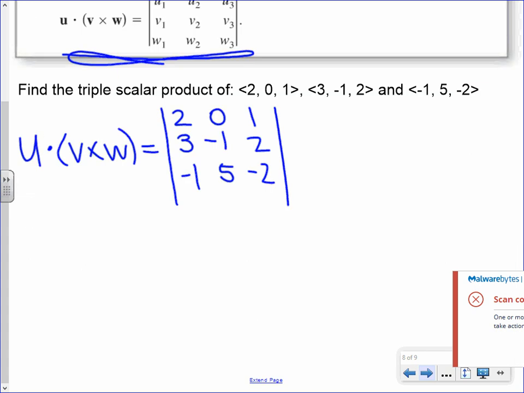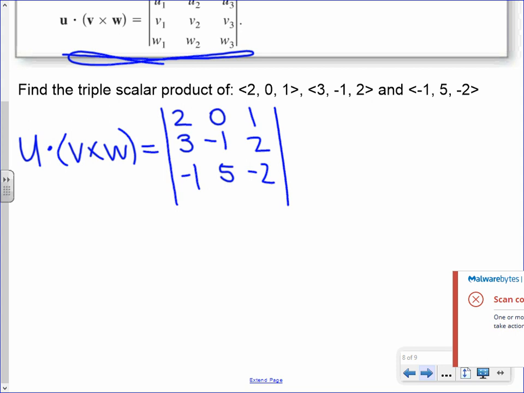So now it's just a 3 by 3 determinant where we're going to get a number. I will tell you that this is something that can be valuable to a calculation. It actually helps us with the volume of a 3-dimensional parallelogram, but we're not going to worry about that.